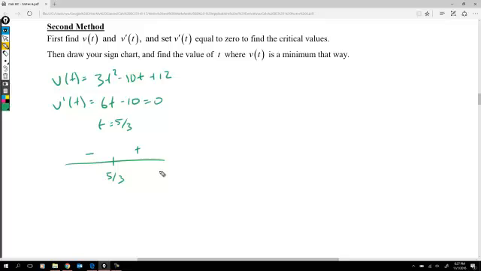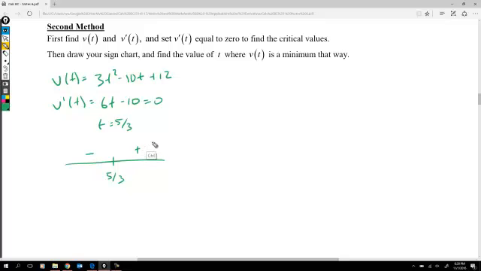I didn't have to calculate as many values, but the bad side is that because I'm not plugging in my endpoints, I may or may not be sure about what the actual answer is. So in general, I would recommend you do the candidates test, but this will work sometimes. Whether or not to do it is up to you. You can experiment with it.